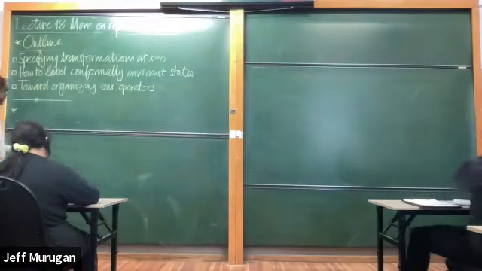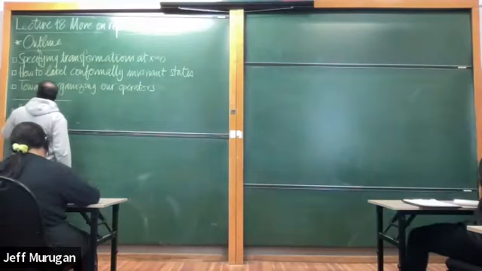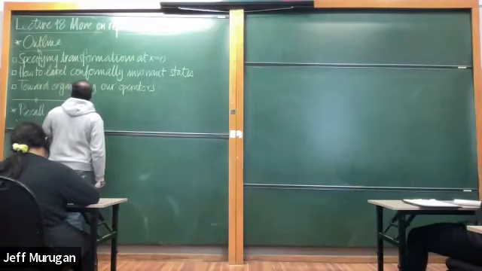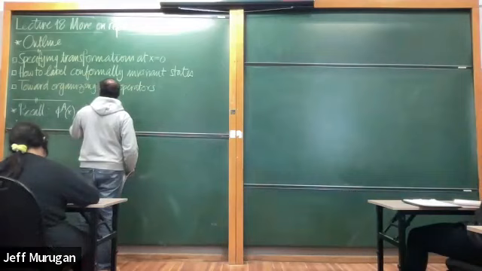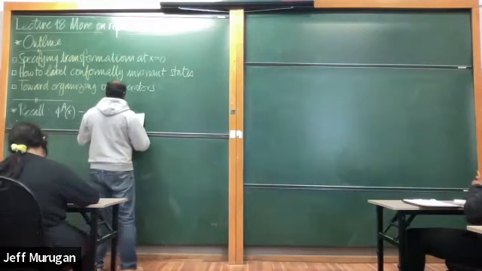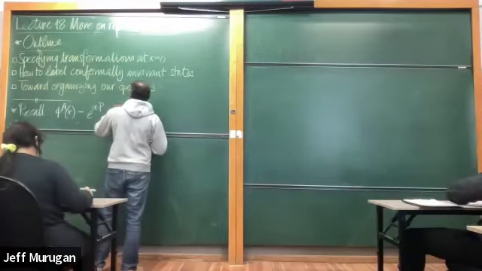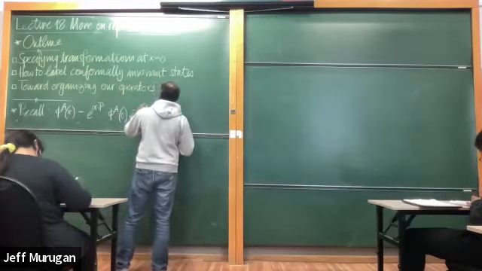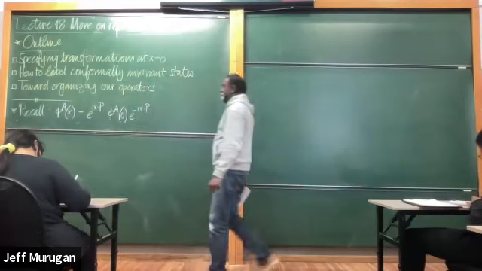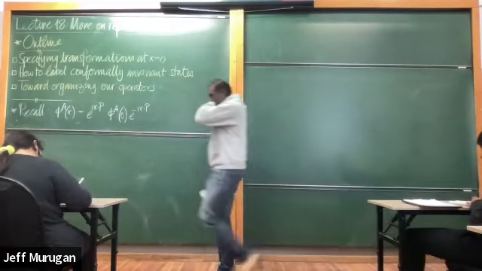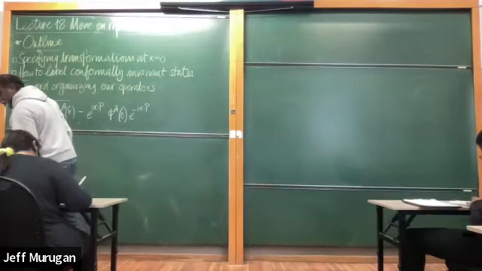So the point is that you can write the field phi A of x in terms of the field phi A at the origin, acted on by an exponential of the momentum generator, like this.